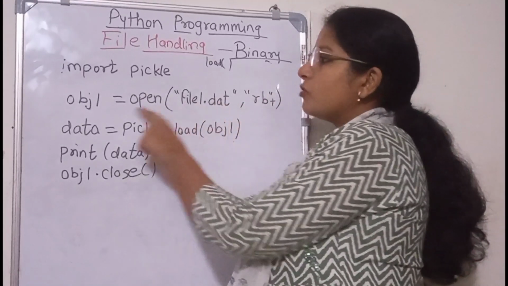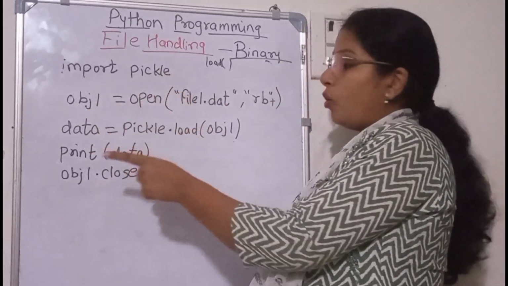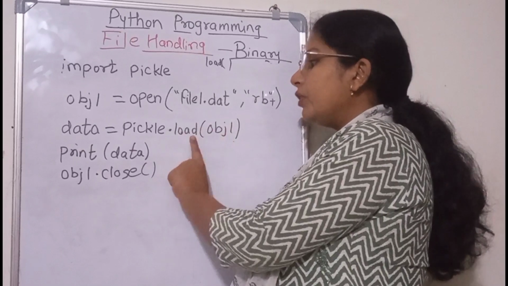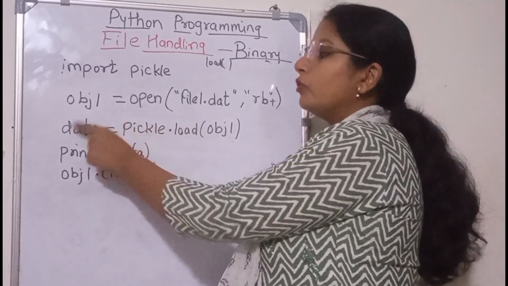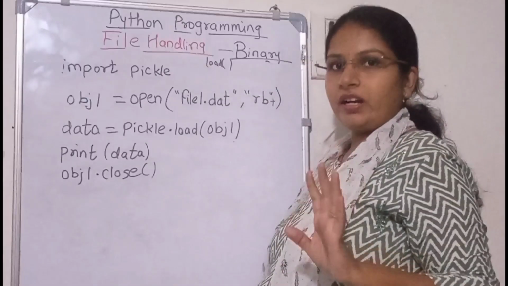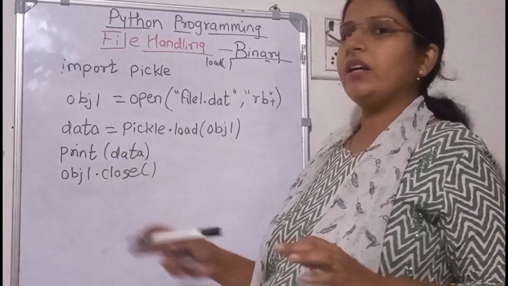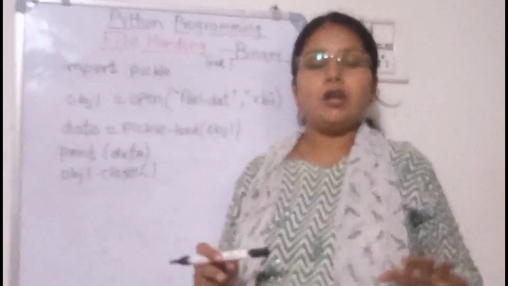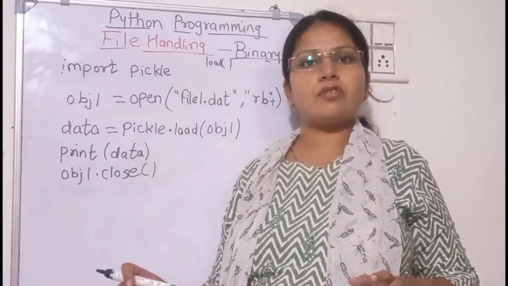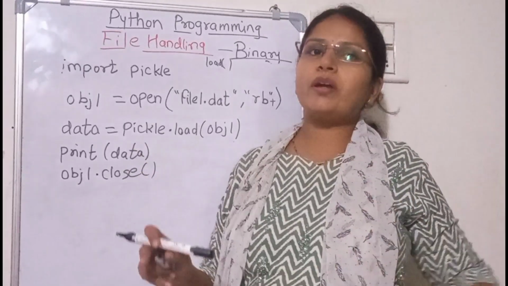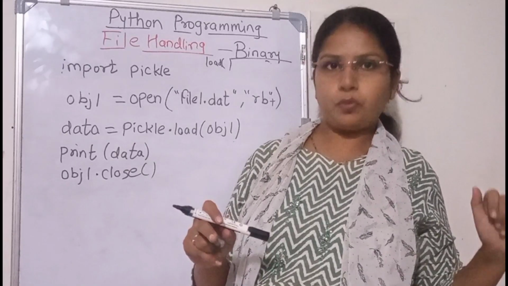Your file reference is already stored in the file object. That will be loaded using the pickle module to data. So your data object will be ready, and then you are just printing that data. This is basics. So first understand this basic fundamental concept, then you can handle the advanced file handling program.